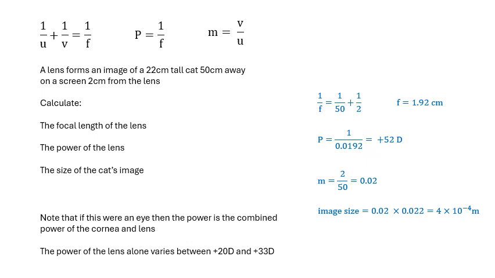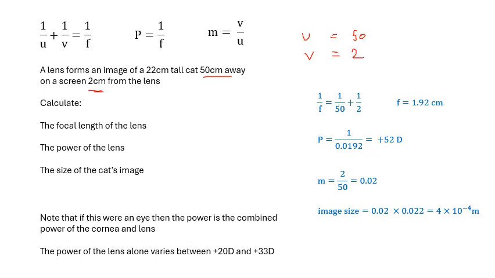So a lens forms an image of a 22 centimeter tall cat 50 centimeters away. So u is 50. I'm just going to leave that in centimeters. The image is 2 centimeters from the lens, so v is the image distance, and that's 2.